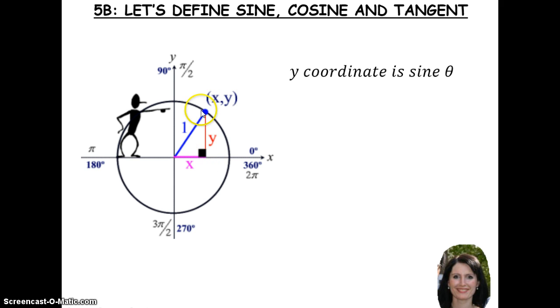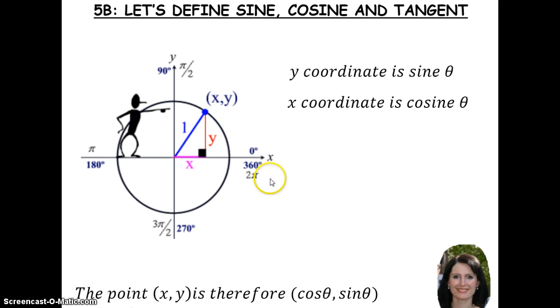So the vertical distance is sine theta. The x-coordinate is going to be cos theta, or cosine theta. So the distance from the centre of the circle to the end of the triangle there is cos theta. We can therefore say that the point xy is also cos theta, sine theta. So they're the values for it.